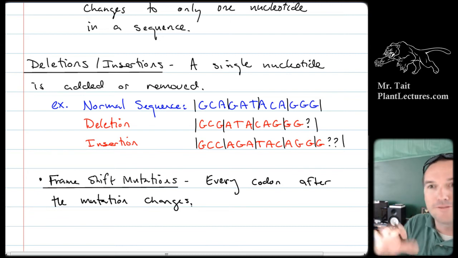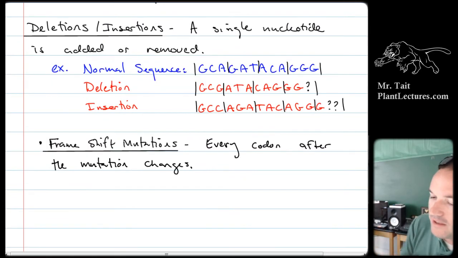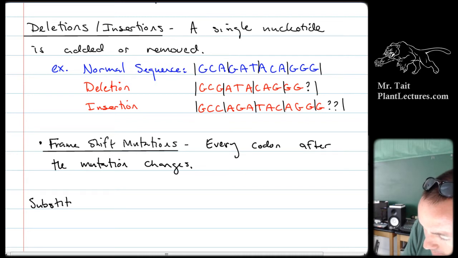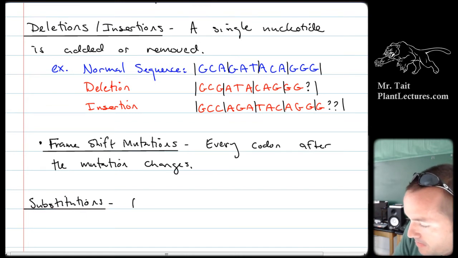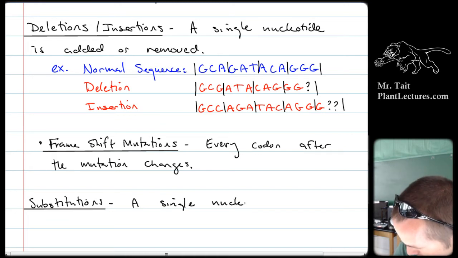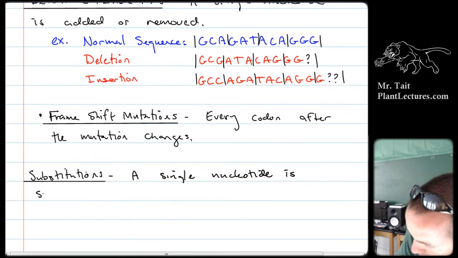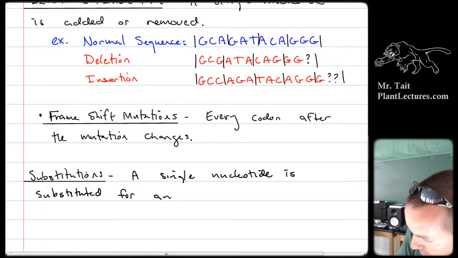All right. Let's talk about the types that we do see, though. The types that we do see are substitutions. Okay, substitutions are when you have just a single nucleotide change. A single nucleotide is substituted for another nucleotide.